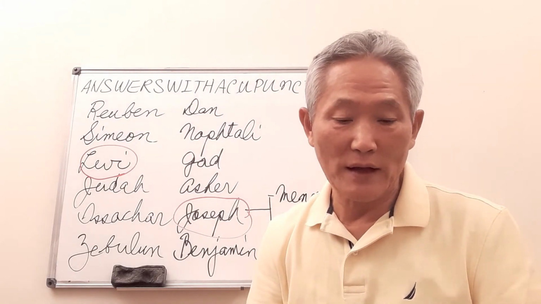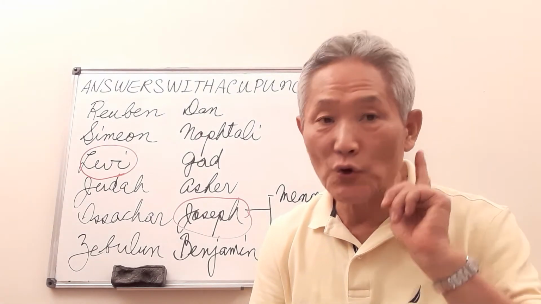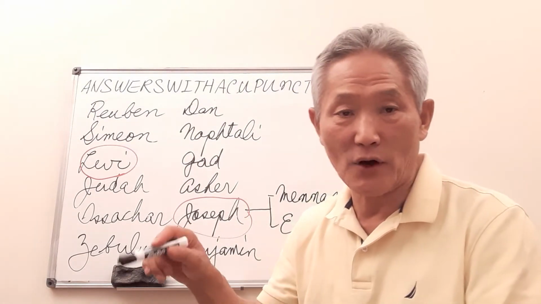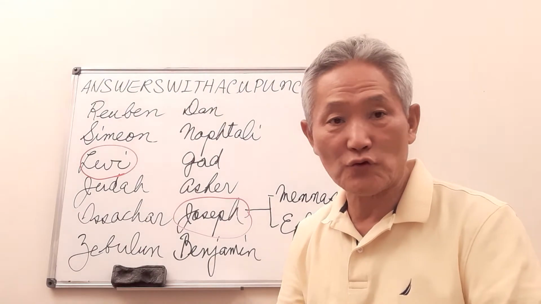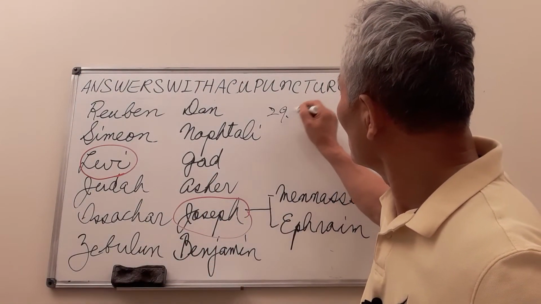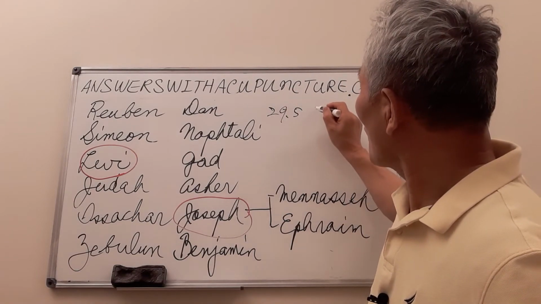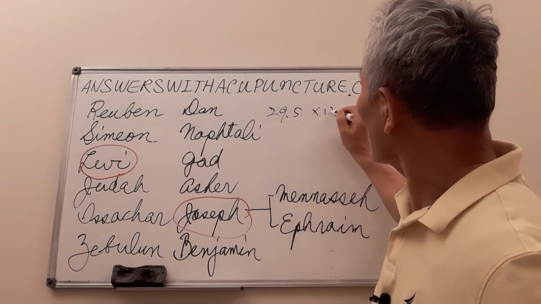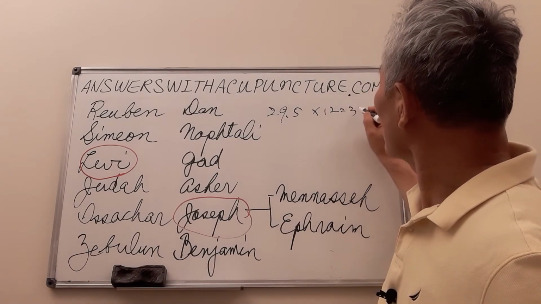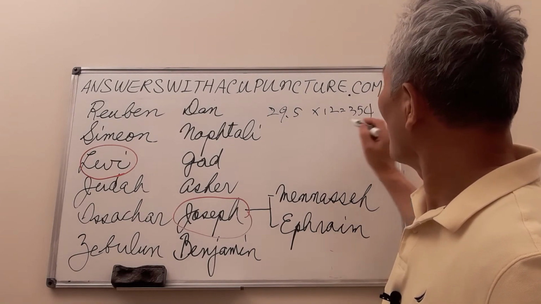I mentioned one time that in the beginning they used a lunar calendar. The lunar calendar takes 29 and a half days. So when you count 12 months, it becomes 354.